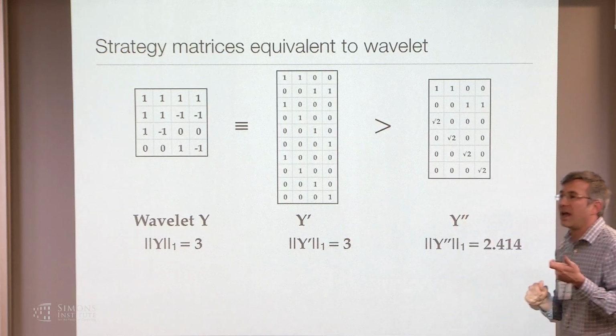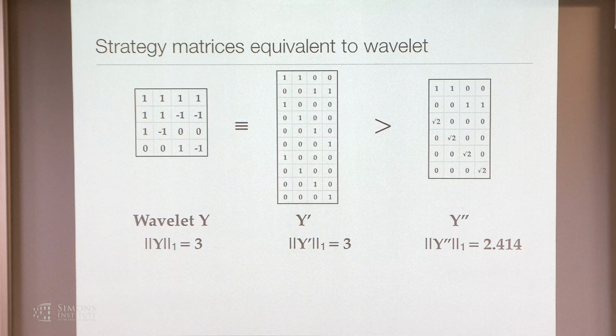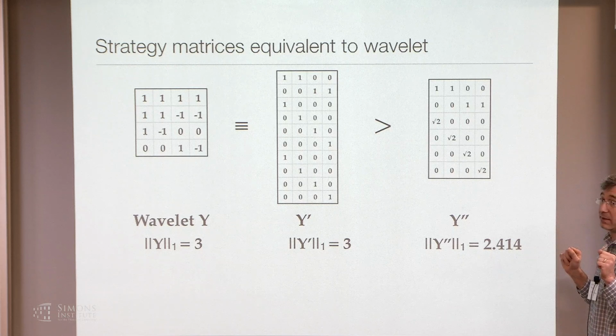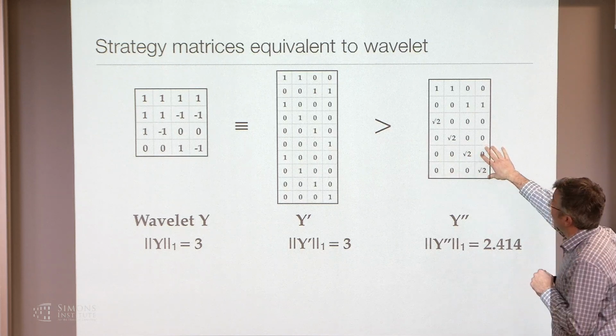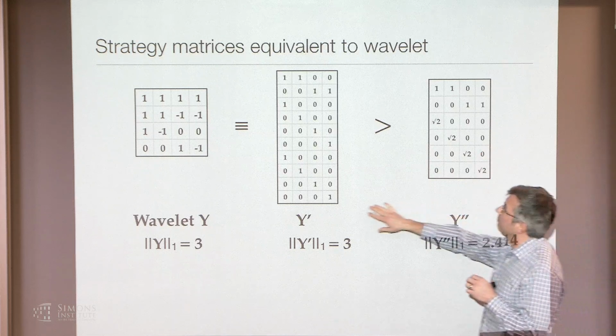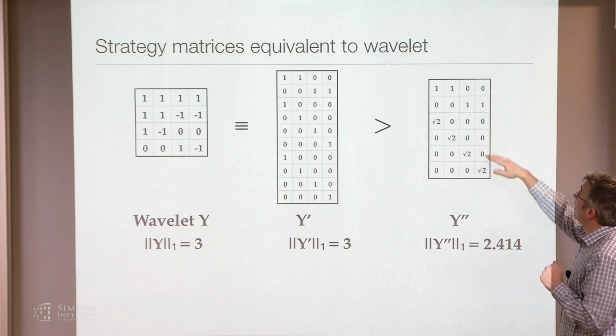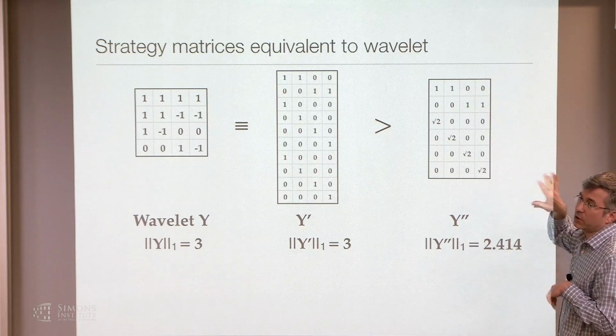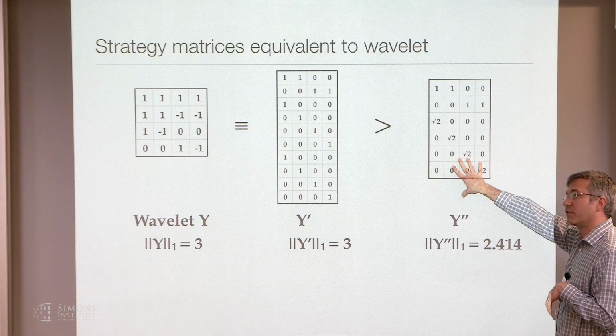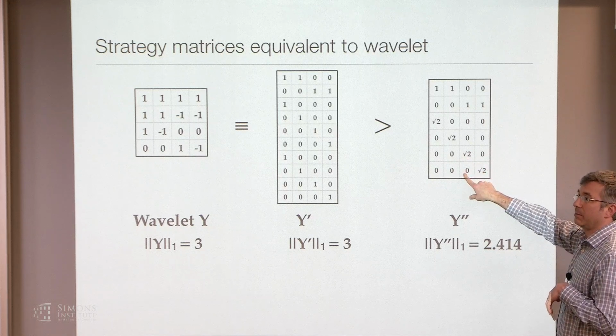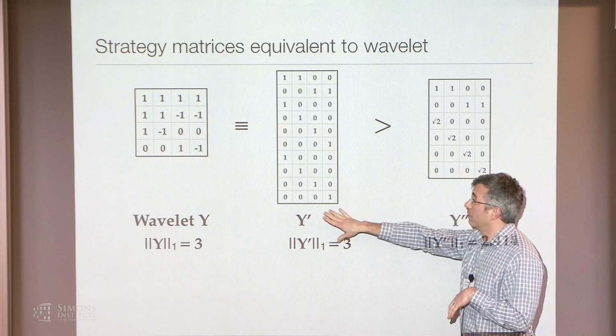You usually get penalized for that under epsilon differential privacy, for asking the same query twice. You're better off asking that query once and adding some weight to it. So this distributes error the same way, but the sensitivity is reduced. And so you can show that as a strategy for answering range queries, this matrix dominates this one.